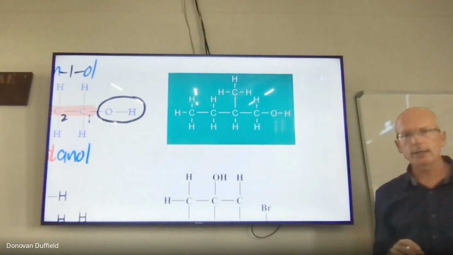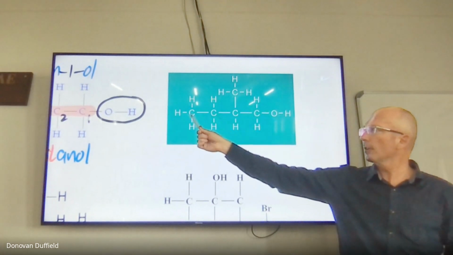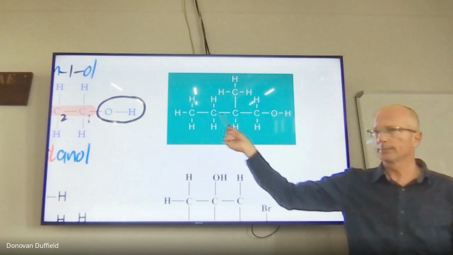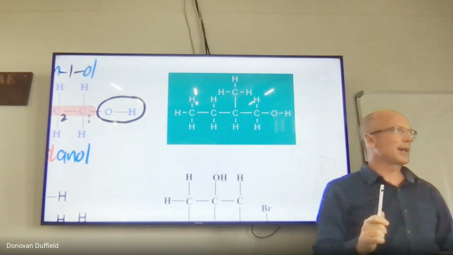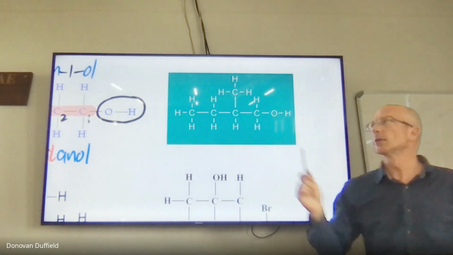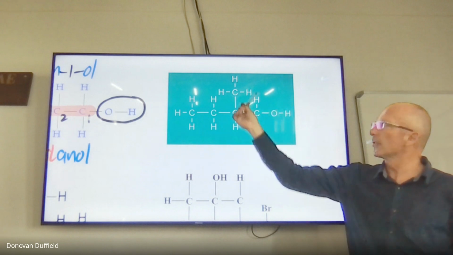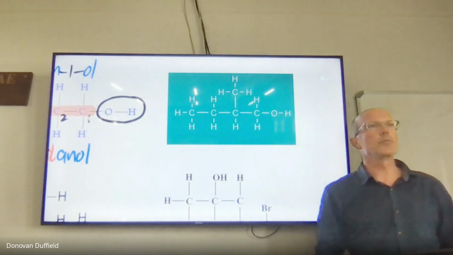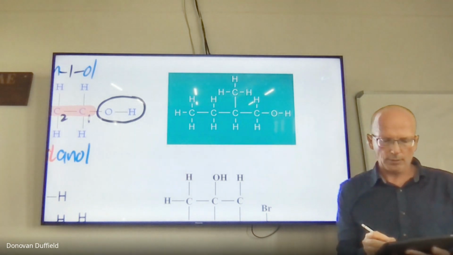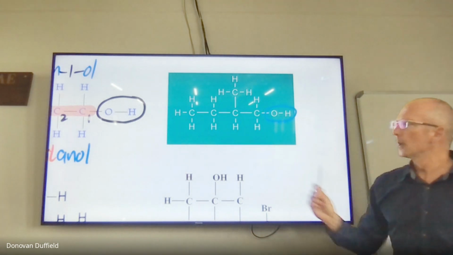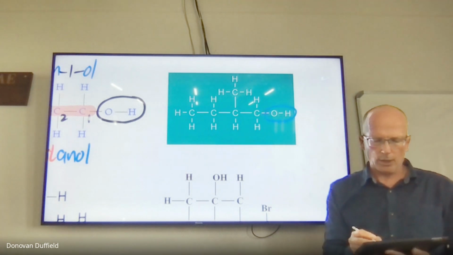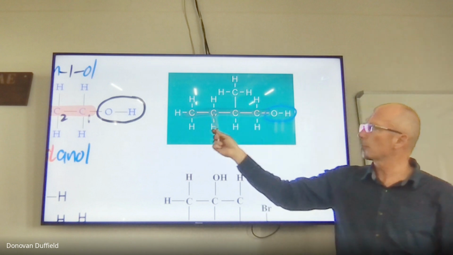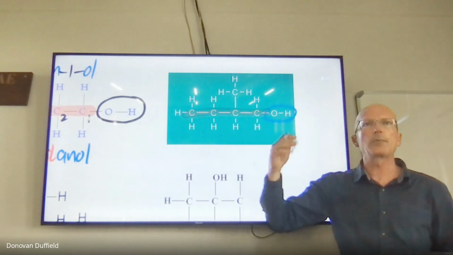If we look at the next one, we have the carbon backbone, and the longest chain must include the OH. So this means this becomes a methyl group. There is the OH. So the longest chain is going to be meth, eth, prop, but. So this is going to be butanol.